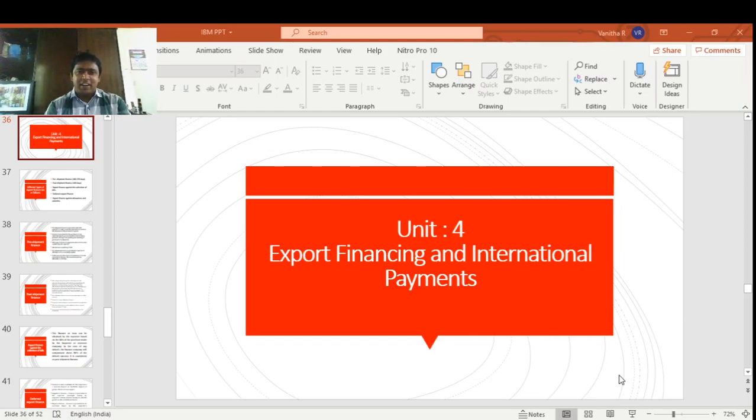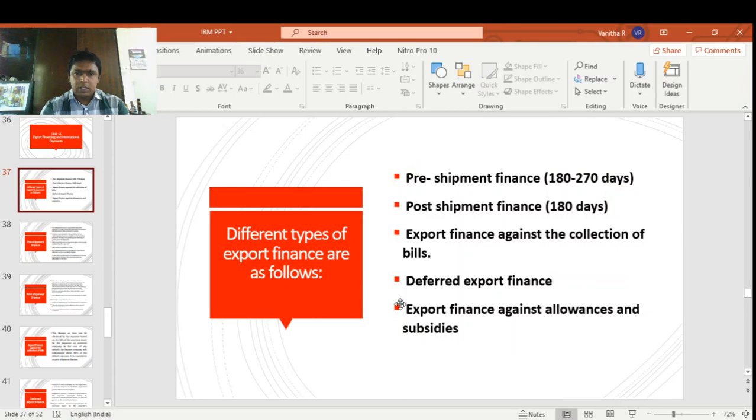This is Murli again, and I will be sharing my opinion and trying to put across my points on Unit 4, export financing and international payments, starting with the different types of export finance and the international payments.